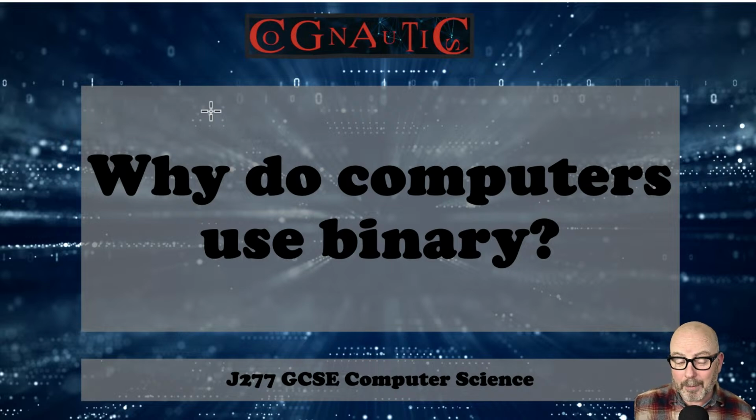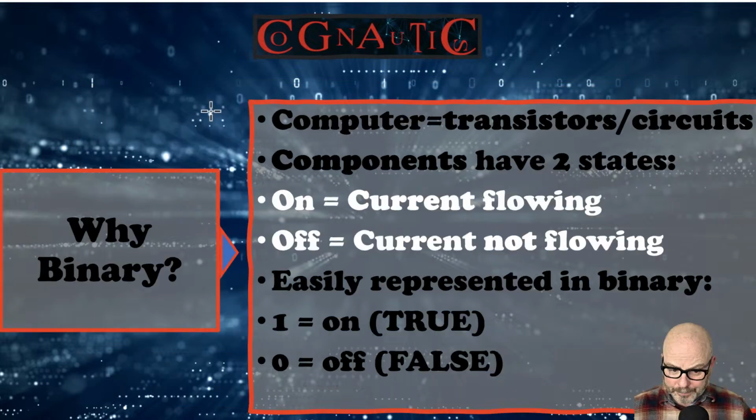You're sat in the exam, and at the very start, they're going to ask you, why do computers use binary? And you come up with a very formulaic answer to this. This will definitely be there in some form. So why do computers use binary, which is ones and zeros? In fact, it just equates to electricity flowing or electricity not flowing, or less of it. And that gives you 2 states.